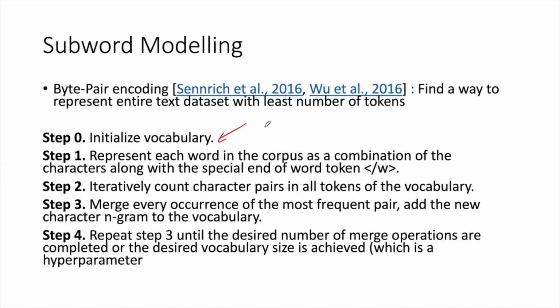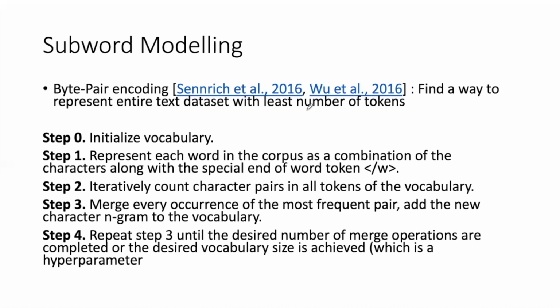Then we try to represent each word in the corpus. So the vocabulary consists of single characters. Now all the words that exist in the corpus, or the text data that we have, we represent as a combination of these characters along with a special end of word token.